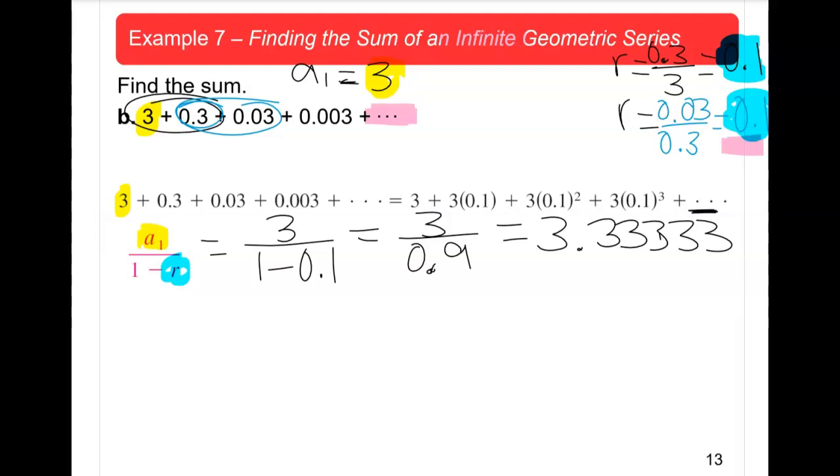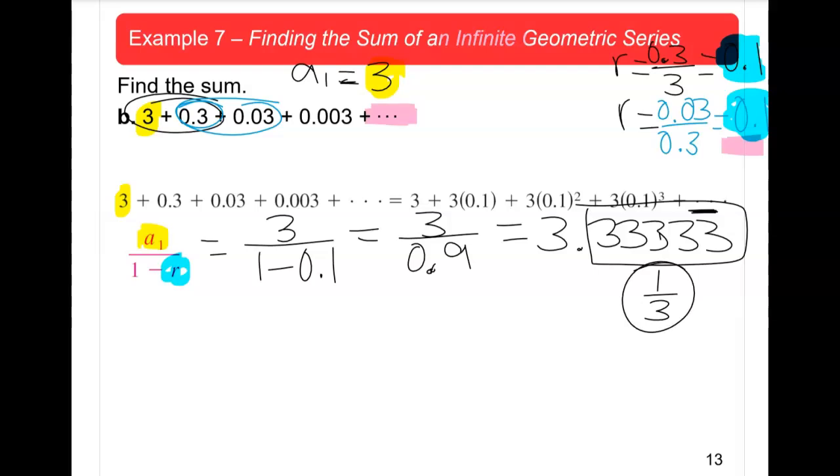So 0.333, if I was just to take this part here, is exactly 1/3. And there's no question about that.